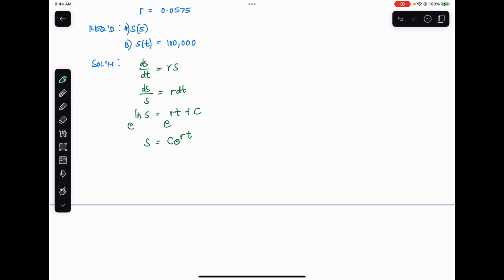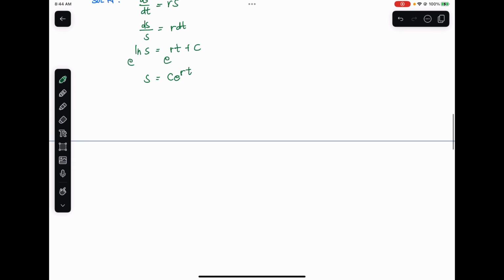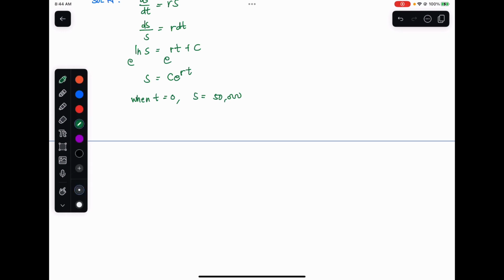The only difference is we already have the value for r. What we don't have is the value of C. So we start when time is equal to 0, where initially there is 50,000 in the savings account. That makes it 50,000 is equal to Ce^(r·0). e raised to 0 is 1.